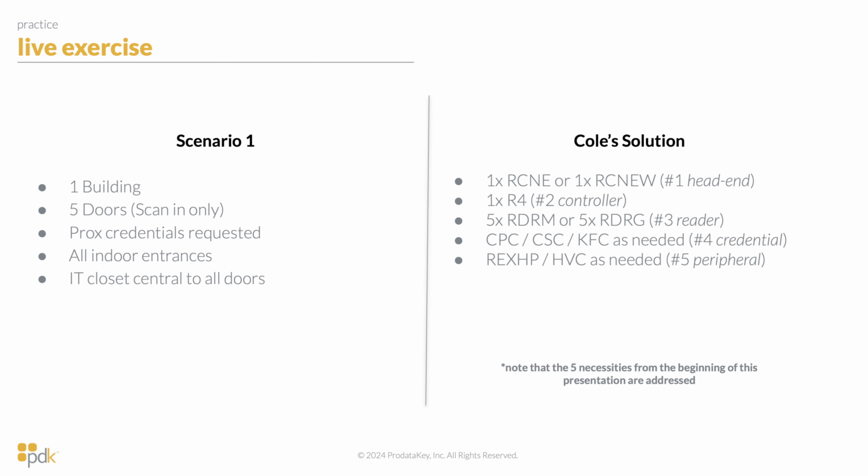So that covers necessity number 1, which is the head-end. Number 2, controller. I put in R4. There's the IT closet centralized to all of the doors, and that means that we can install all of the equipment centrally. So I opted for the single door controller on the cloud node and in R4 to cover the remaining 4 doors. There we go.